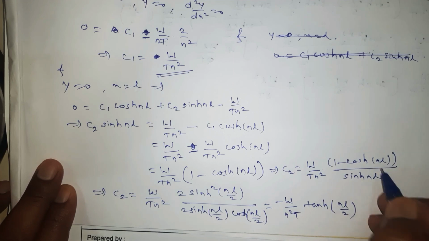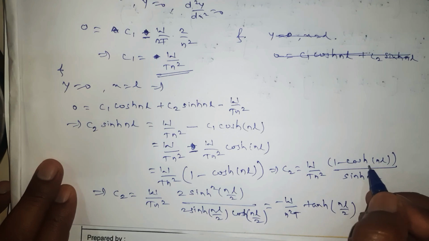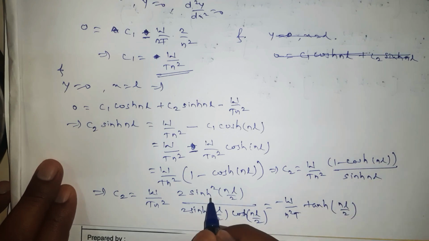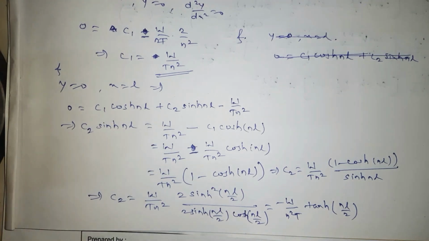Now use half angle formulas here. 1 minus cos h nL is 2 sin h square nL upon 2, and sin h nL is 2 sin h nL upon 2 into cos h nL upon 2, right? One sin gets cancelled, whatever remains, that is sin h upon cos h, it is tan h. 2 also gets cancelled. So this is my value of c2.